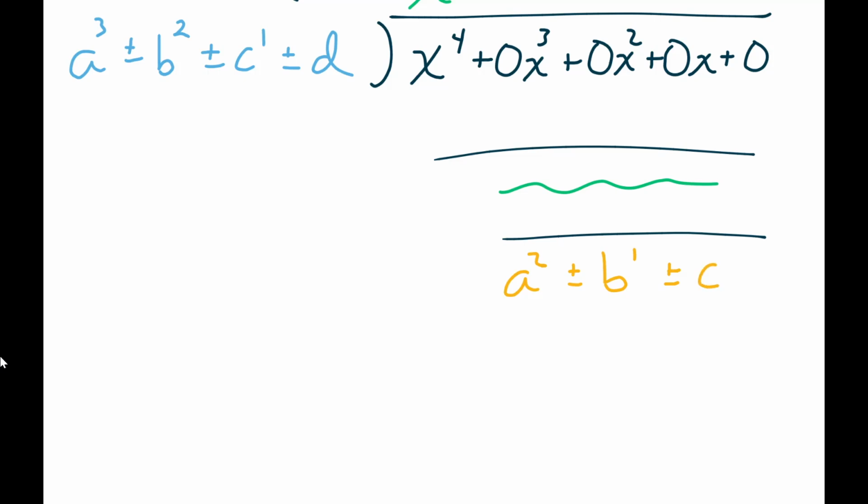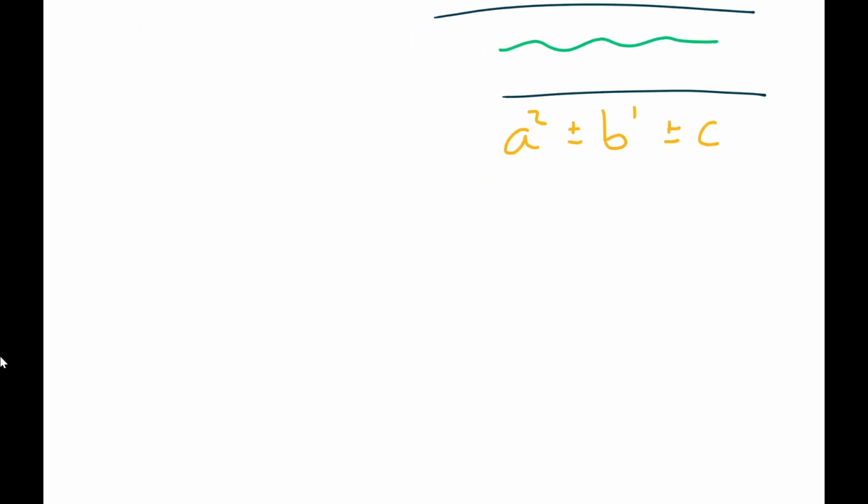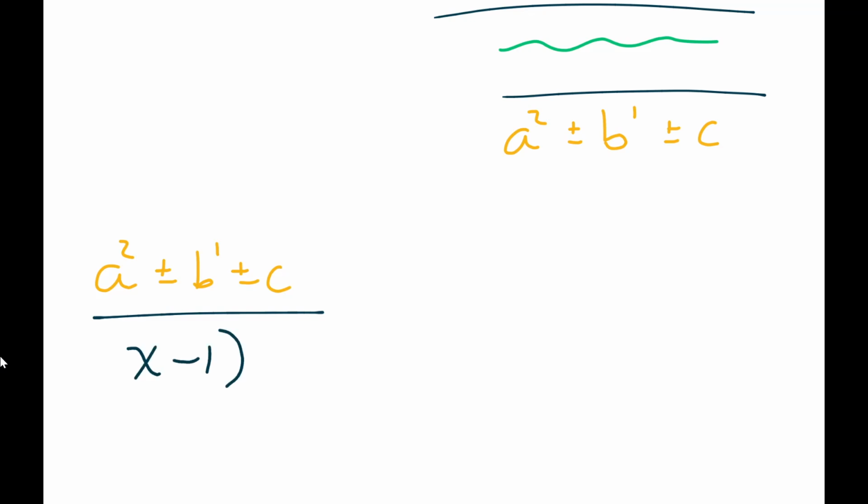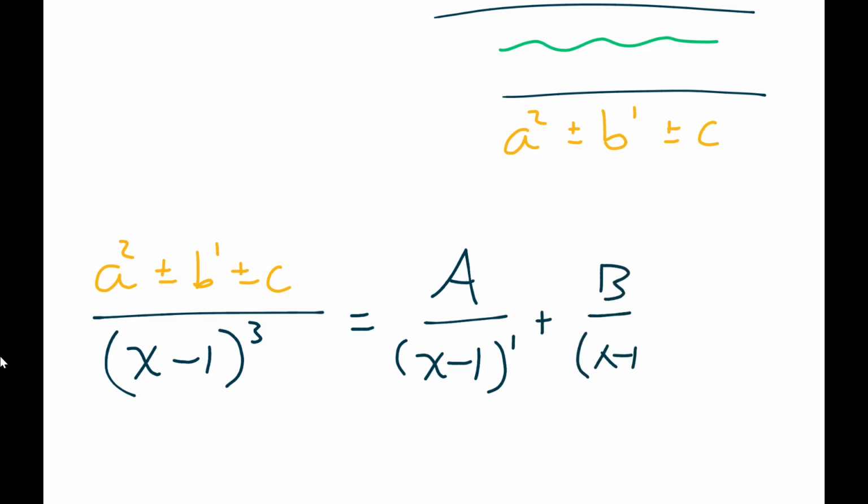And remember that that remainder does end up finally creating the numerator to your fraction, which remember is still over x minus 1 to the third, which now is when technically we end up with the idea of a over x minus 1 to the first, plus b over x minus 1 squared, plus c over x minus 1 to the third. Again, we have to step up to that. So this is what you're going to solve for a, b, and c.